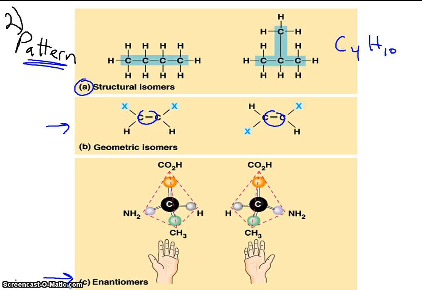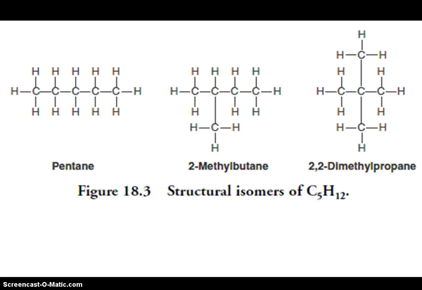Here they have the same structural formula, but they're said to be enantiomers. They are mirror images of each other. They can't be superimposed on each other, but they can fold over as in mirror images. And when we talk about some of the biologically active macromolecules, this is going to become very important.